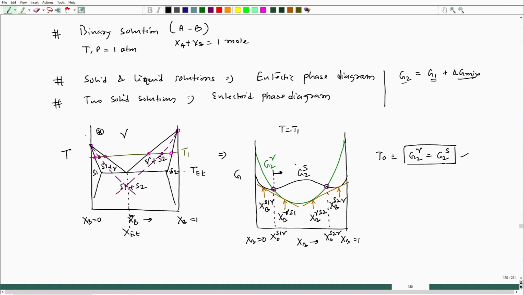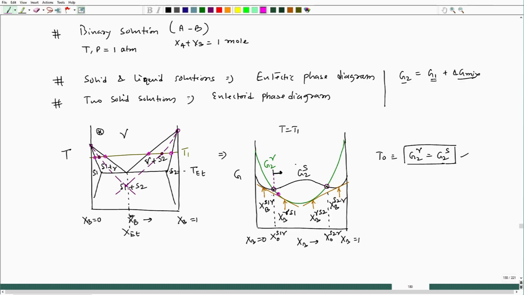If I start at a very high temperature, the only phase that will be there is the gamma single phase. Now, of course, when I cool it down to T1, that composition should lie on the G2 of gamma line. So, let us say it falls here. This is the point I am talking about.